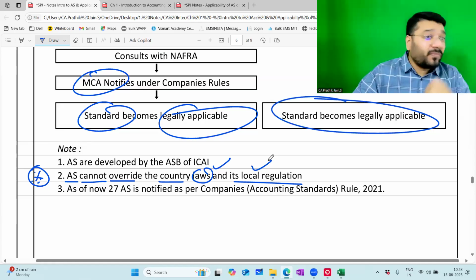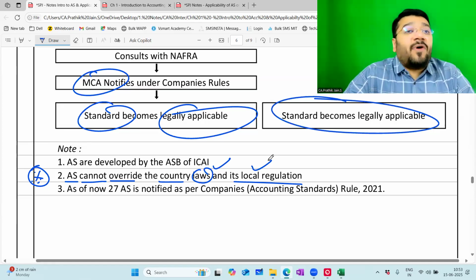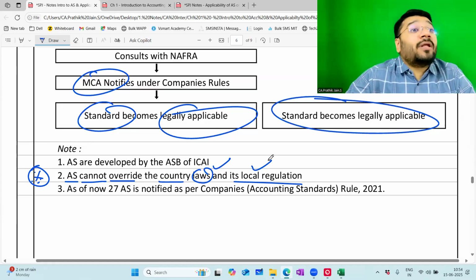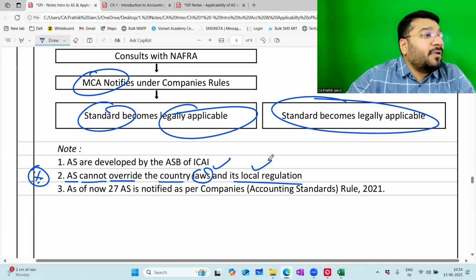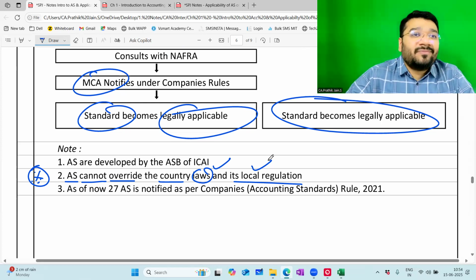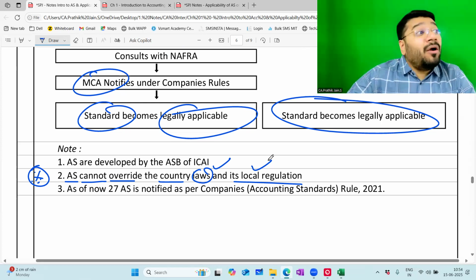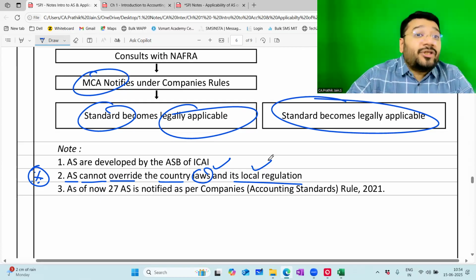For example, when you prepare the financial statements for a bank or an insurance company, first the insurance company and the banking company have to follow the norms laid down by RBI. If RBI and AS are contradicting, which norms do they have to follow?